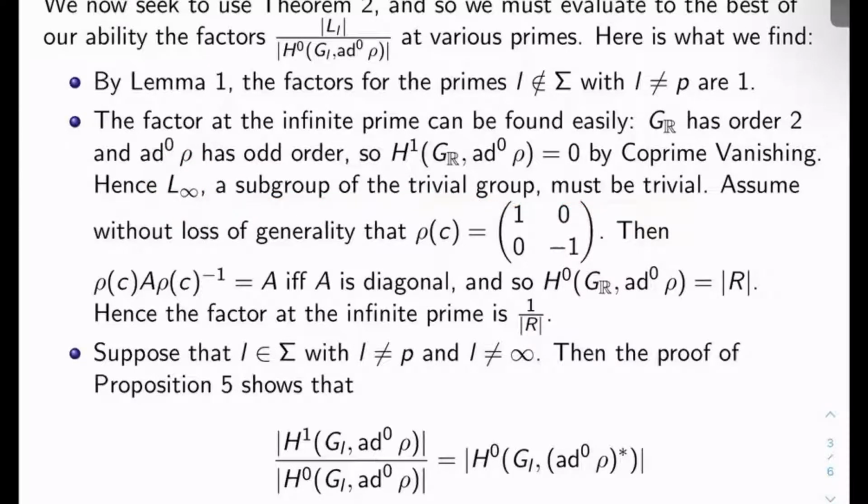Let's assume without loss of generality that rho of complex conjugation is just the matrix (1, 0; 0, -1), using a remark I made above. Then rho(c) A rho(c) inverse equals A if and only if A is diagonal, and so H0(G_R, ad zero rho) is just the size of R. If you combine all this information, you find that the factor in the product at the infinite prime is 1 over the cardinality of R. So outside Sigma and not equal to P, our factors are all 1, and at the infinite prime, our factor is 1 over the cardinality of R.